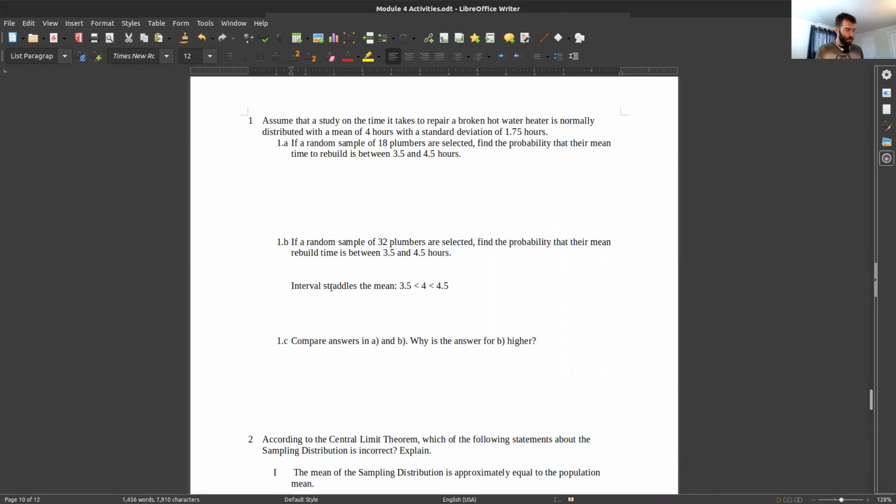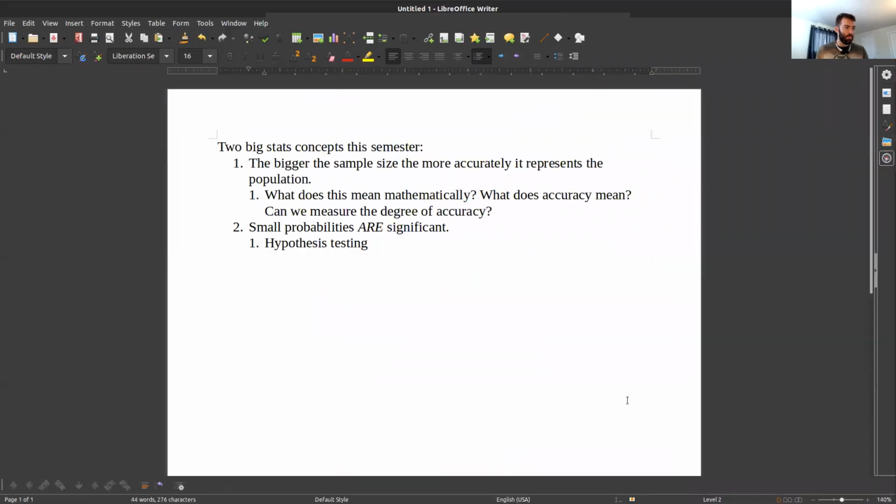So last module, what we saw is that the probabilities went up. And why should the probabilities go up with the sample size? Because the bigger the sample size, the more accurately it represents the population.